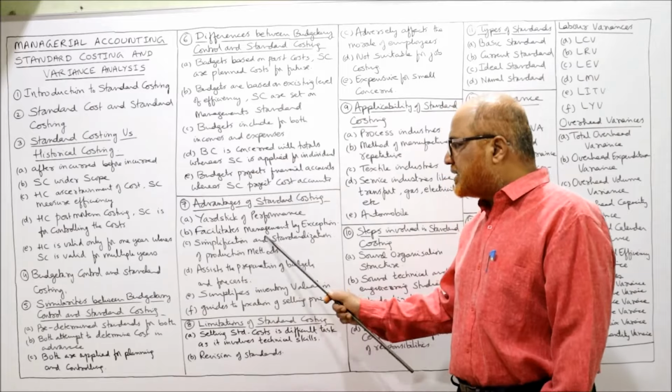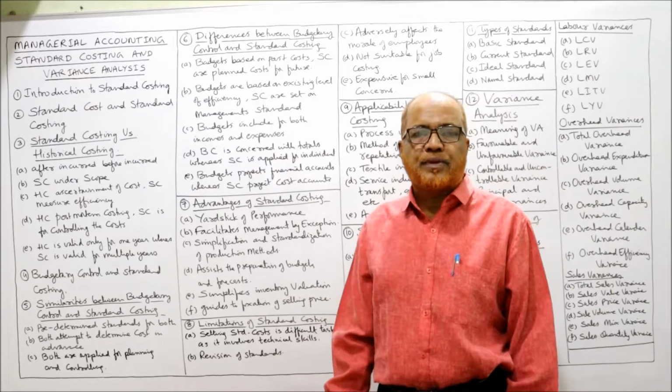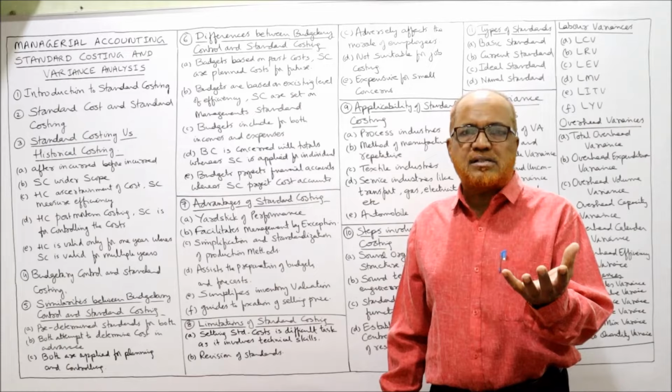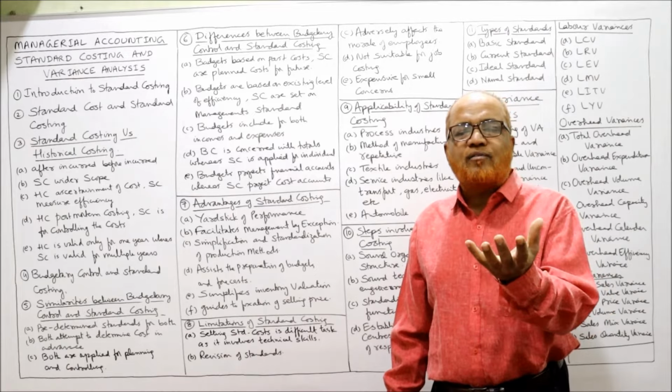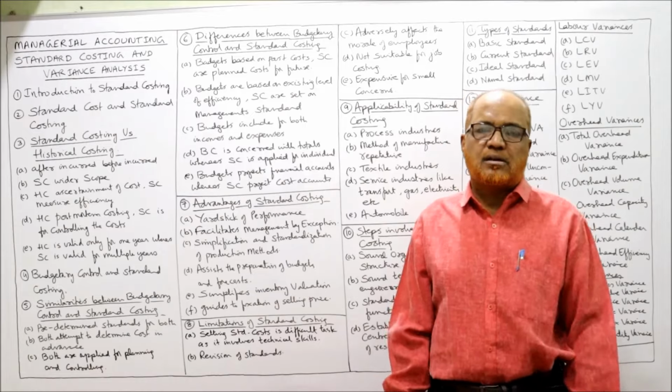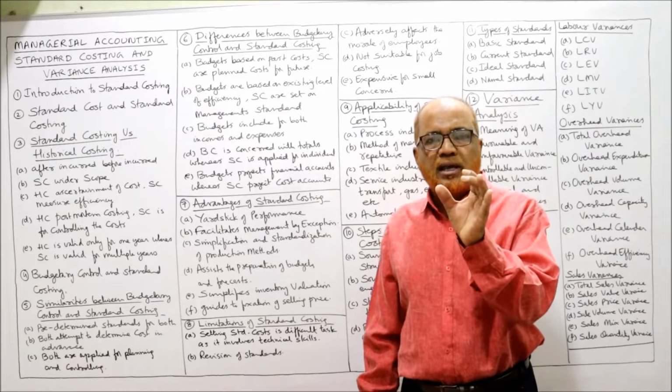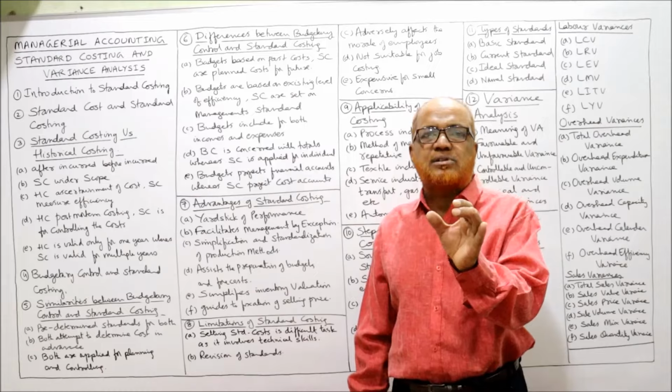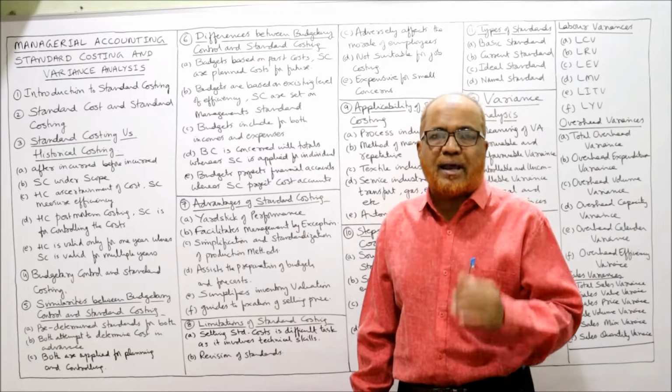Second one, facilitate management by exception. See, the management time is limited. The management cannot focus on each and every minute activity of the business. The management will focus only on those strategic items which need the attention of management.